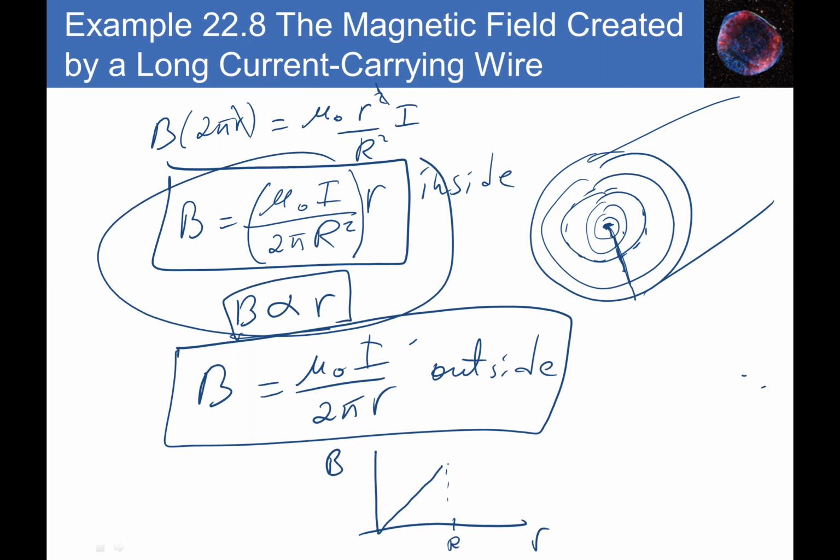As soon as I reach the radius, I'm going outside of the conductor, and then my magnetic field drops as 1 over R, like that. So this is B proportional to R. Here is B proportional to 1 over R. So you can see, and that's according to those two equations.